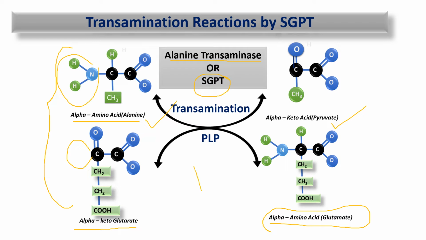And this enzyme is liver specific. SGPT is liver specific, and this enzyme stays inside the cells. That is, it is an intracellular enzyme. It is present in the hepatocyte, and this enzyme is required for transamination. Whenever there is liver damage, this intracellular enzyme will appear in the circulation. Liver damage can occur in any form, such as injury, infection, inflammation, alcohol, or toxins, and because of that there is a release of this enzyme into the circulation, and if it is elevated it means that the patient is suffering from liver disease.